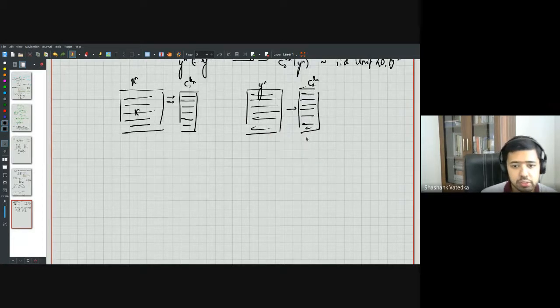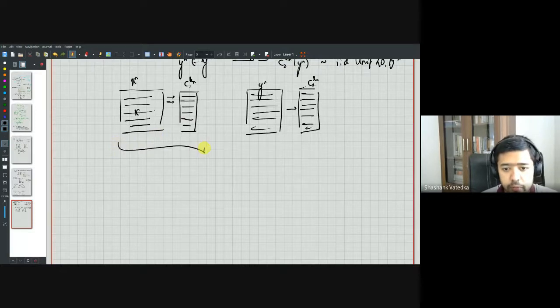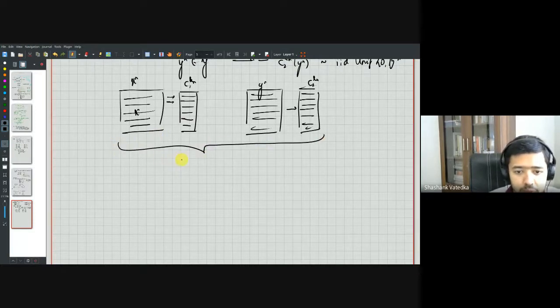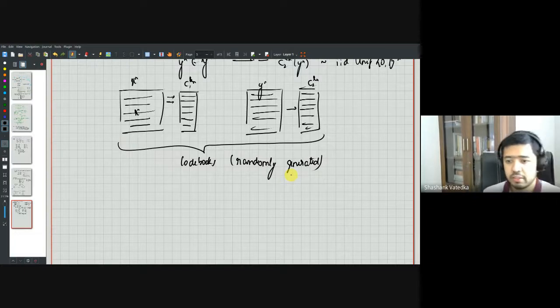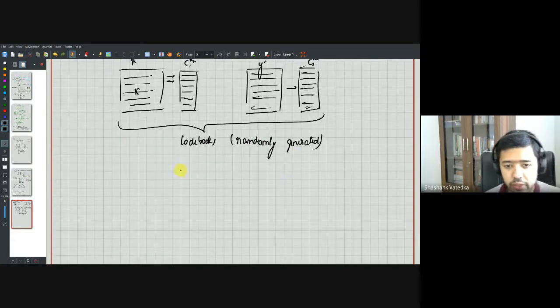These are the code books which are randomly generated, and they're shared with both the encoders and the decoder.